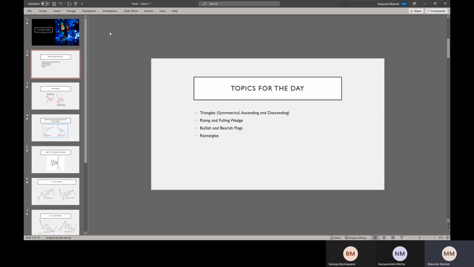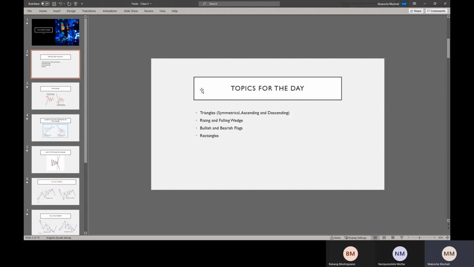Okay, today we're going to look at patterns. We'll cover triangles, the symmetrical triangles, ascending and descending. We're going to have wedges, the rising and the falling wedges, and then we'll look at bullish and bearish flags as well as rectangles.